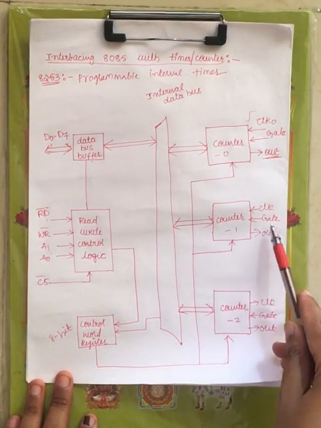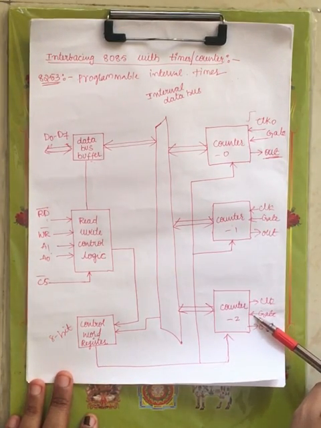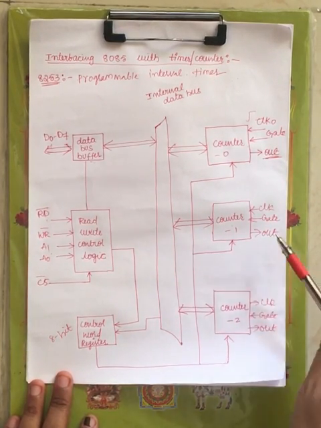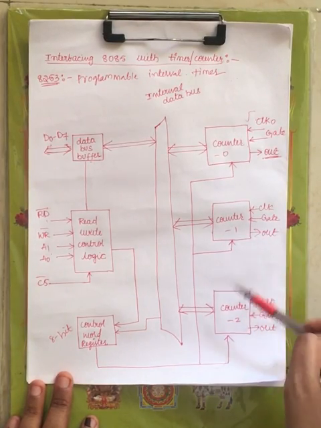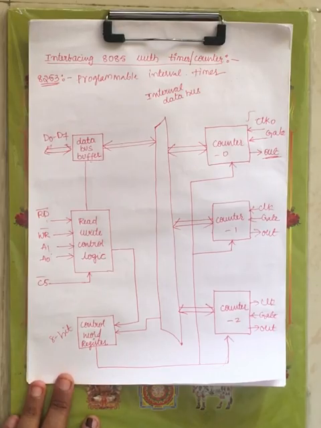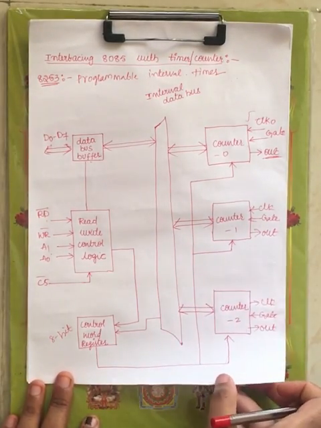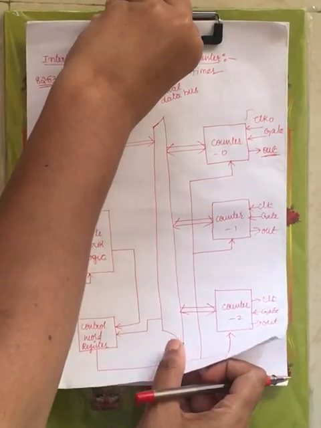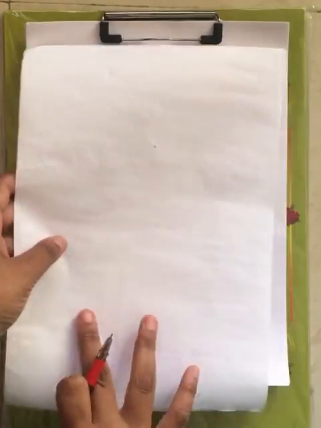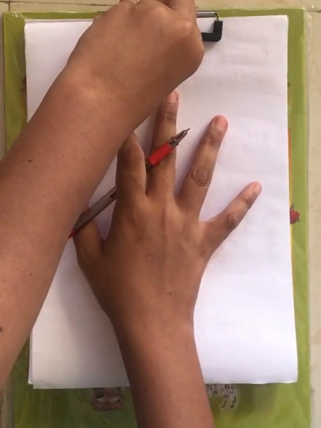For counter 1 also you have the clock signal, the gate input and the output pin, through which the output is collected for a particular count. This is about the architecture of the timer 8253.